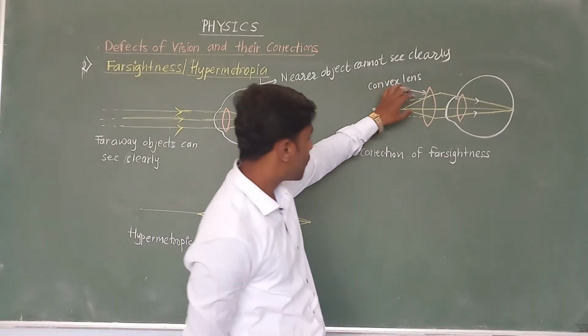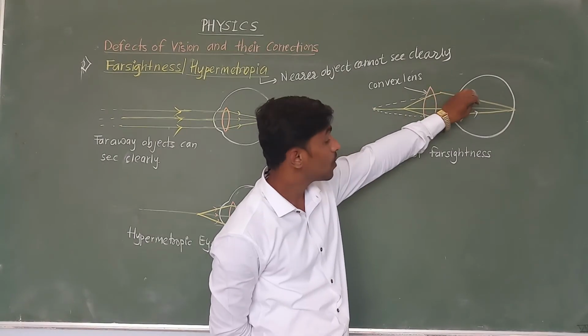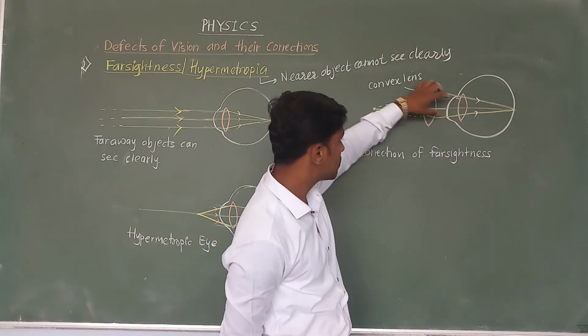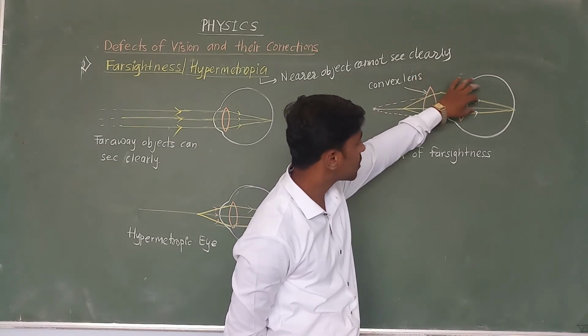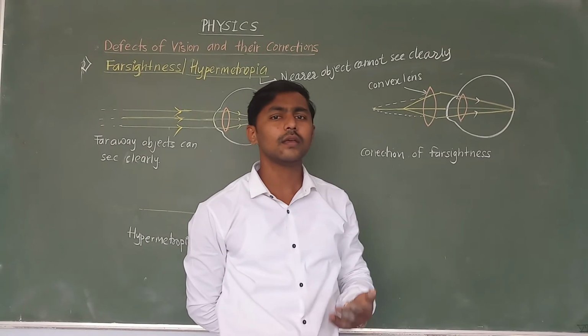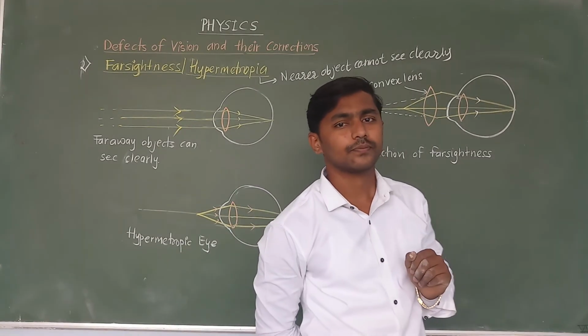Whenever these rays come, they go like this and converge at a point. So these rays are converging at this point. So we can see clearly.